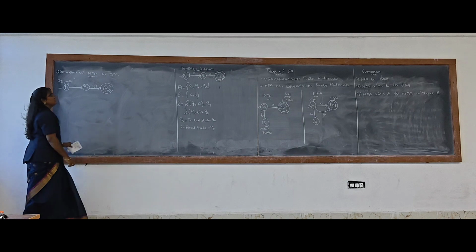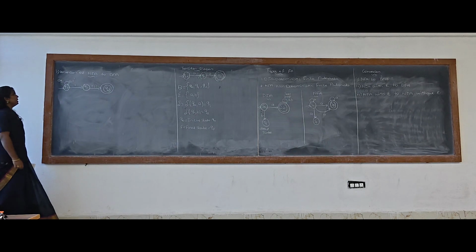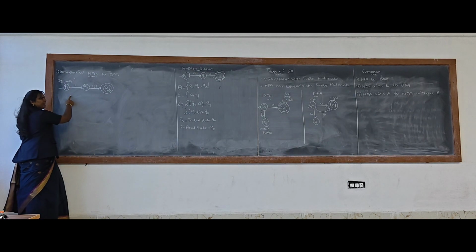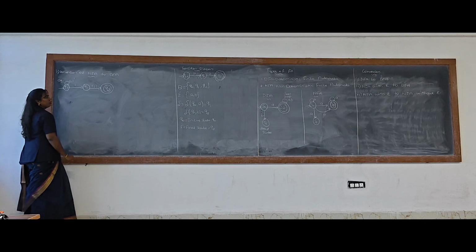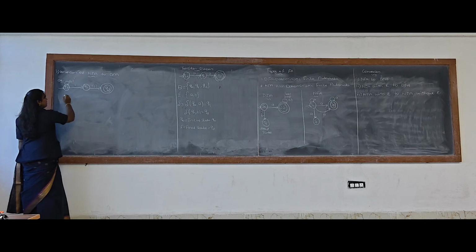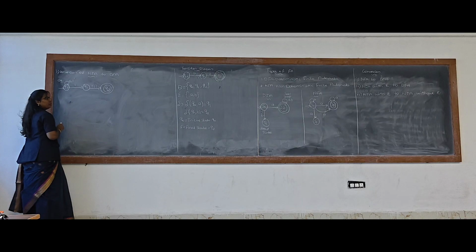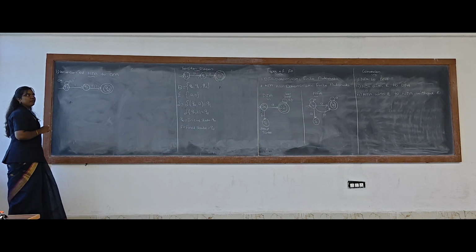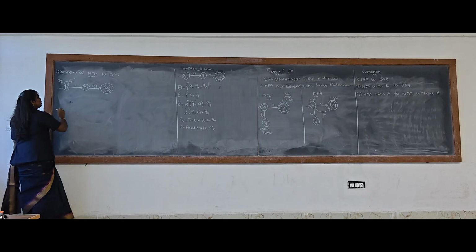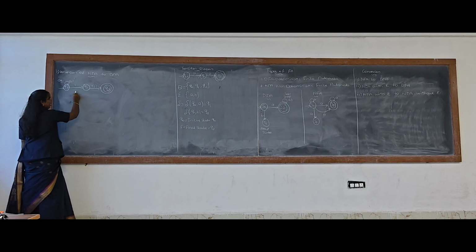in this example, we have the NFA transition diagram. Why? Because here we have the input symbols. First we should check whether this transition diagram is a finite automata or not.